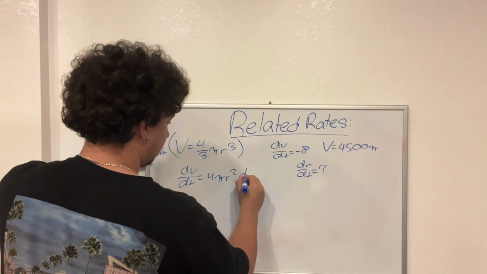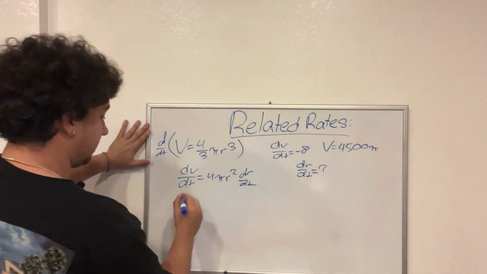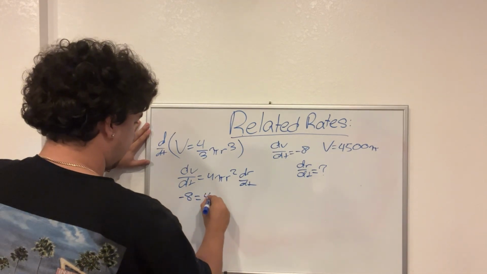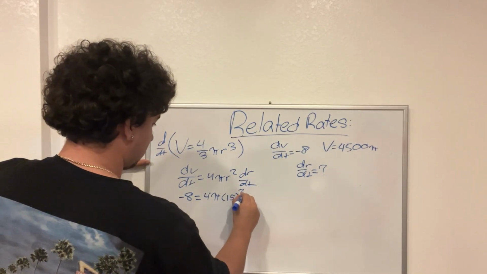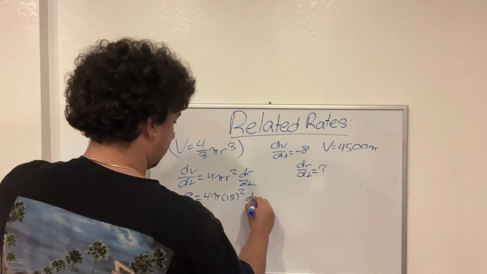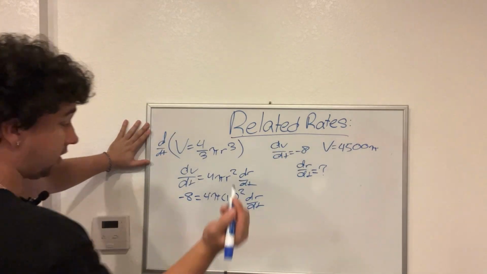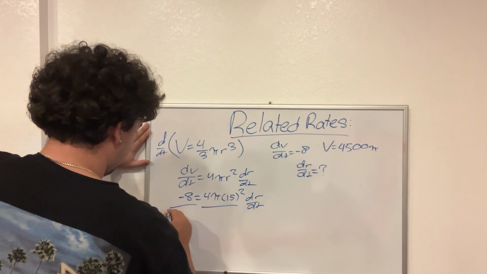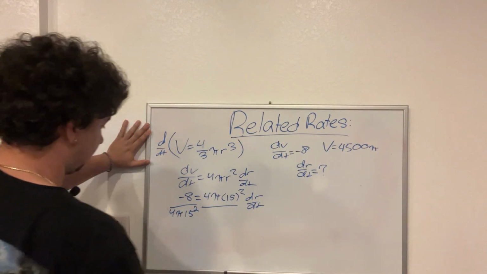So dV/dt, which is -8, is equal to 4 pi times 15 squared times dr/dt. From here, it's just solving. I'm going to divide everything by 4 pi times 15 squared.